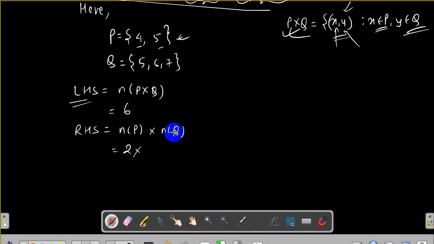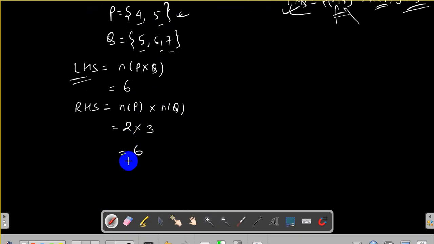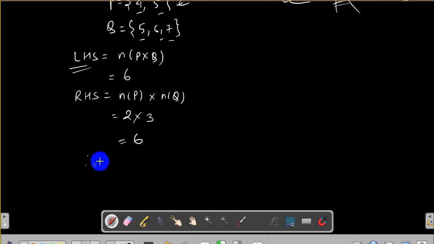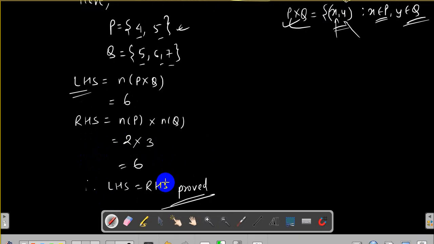What is the value of n(Q)? n(Q) is 1, 2 and 3, so 3. Now 2 3s are 6. Are these two values equal? Yes, sir. Therefore LHS equals RHS, proved. So in this way this question can be solved.